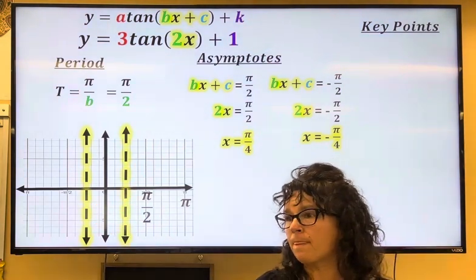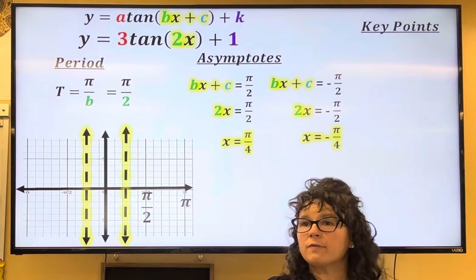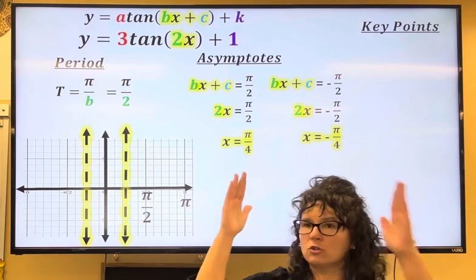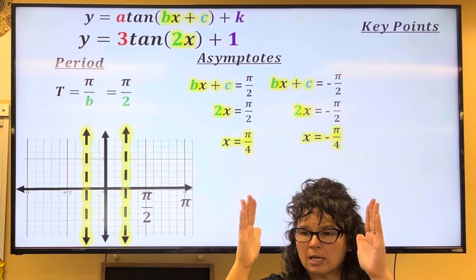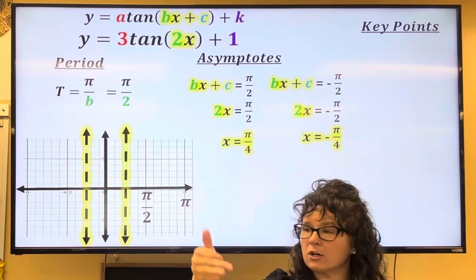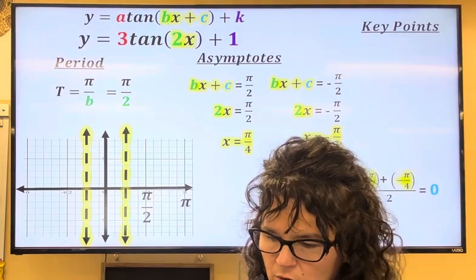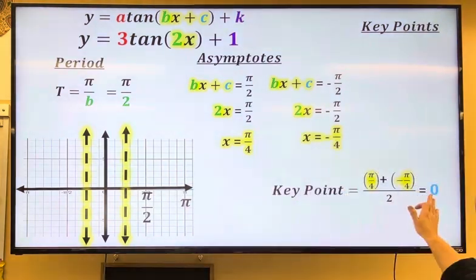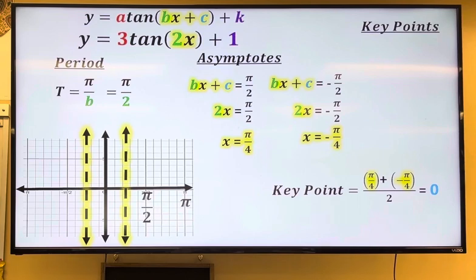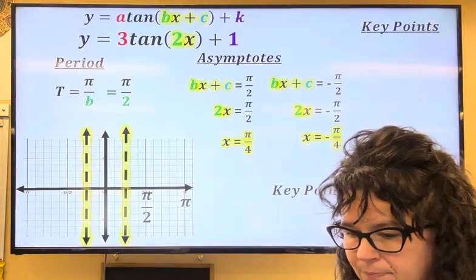Okay, now, when I know the x value of that really important point that's directly in the center of the asymptotes, I need to substitute it into the equation to find the y coordinate. So I found that my key point is at 0 by adding the asymptotes together and dividing by 2 to find the middle of them.